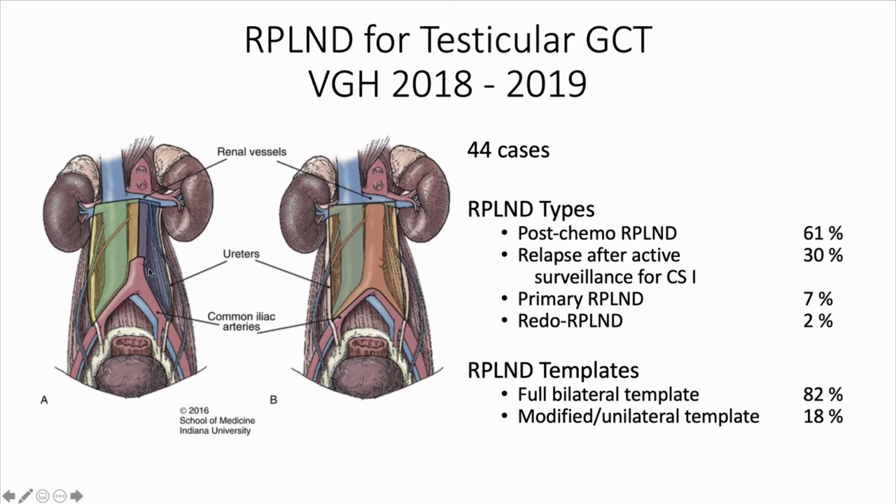On the left, we see the most common templates for testicular RPLND: the right unilateral, the left unilateral, and the full bilateral template. And here at VGH, the most common template we use is the full bilateral template in approximately 80% of cases.